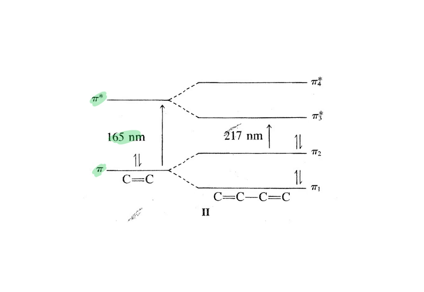On the other hand, for a conjugated diene, weaker energy, longer wavelength irradiation is sufficient to promote an electron from pi 2, the HOMO, into the pi 3 LUMO, representing a smaller band gap.